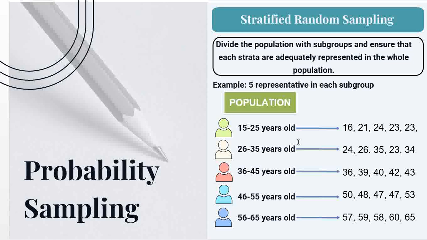Now, you create groups: 15 to 25 years old, 26 to 35, 36 to 45, 46 to 55, 56 to 65, and then you take from each. This makes sure that every age bracket has a chance to be selected as your sample.